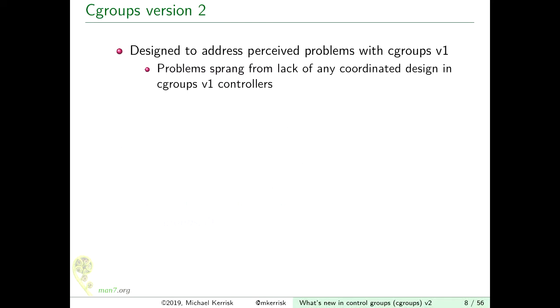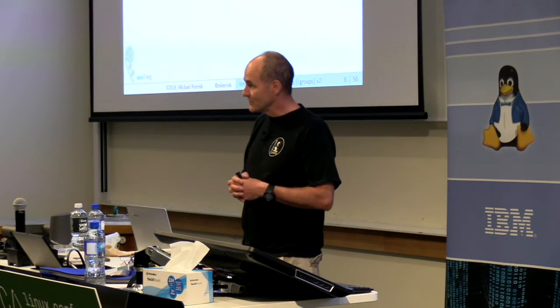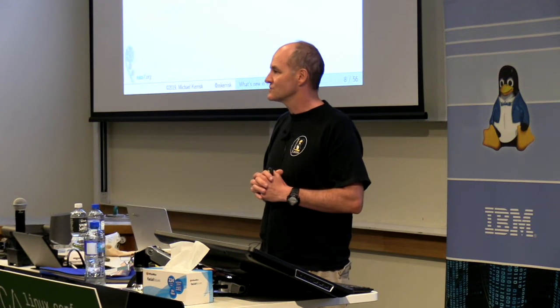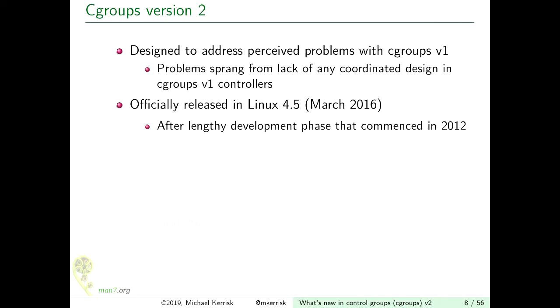And so about 5 years after the appearance of Cgroups version 1, people started working on Cgroups version 2. That was eventually released in early 2016, after quite a long development phase, about 3.5 years, before they made the official release.